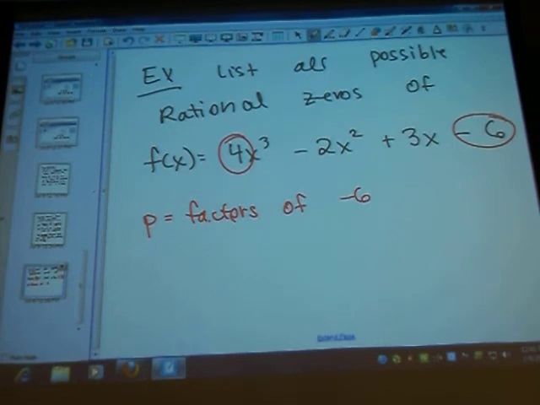You can think of it as positive 6. The sign really does not matter. So what numbers go into 6 or negative 6? 1, 2, 3, 6. Okay, only list your factors as positive numbers to start with. So the numbers that go into 6 or negative 6 are 1, 2, 3, and 6.